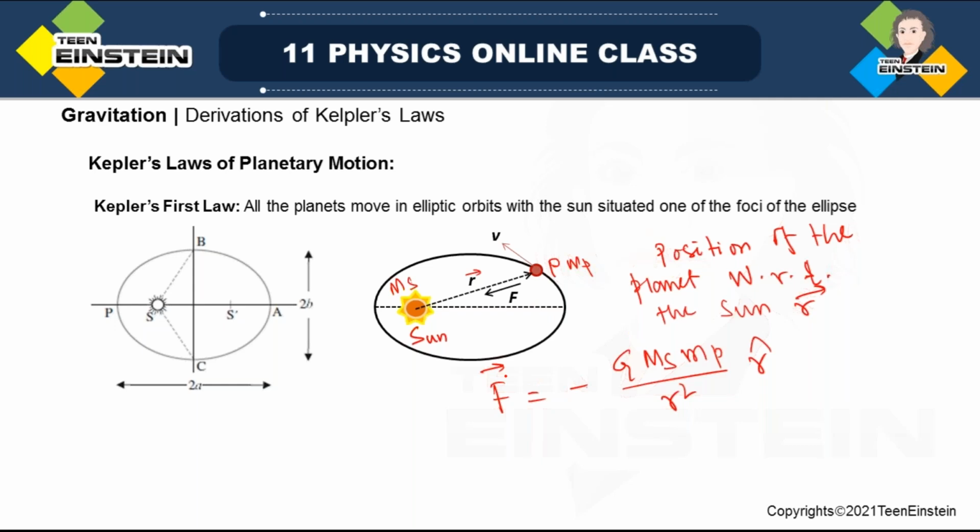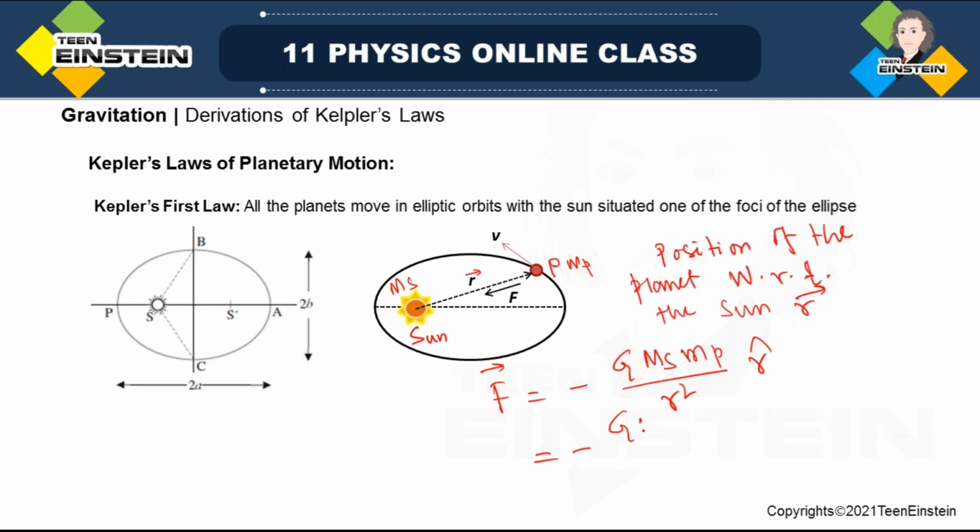This is the vector notation, because we know the gravitational force is an attractive force, and it is always acting towards the center of the sun. And look why r cap with a minus sign, because the force is always acting along the line joining, or the position vector, but in the opposite direction of the position vector. So that's how we can write this.